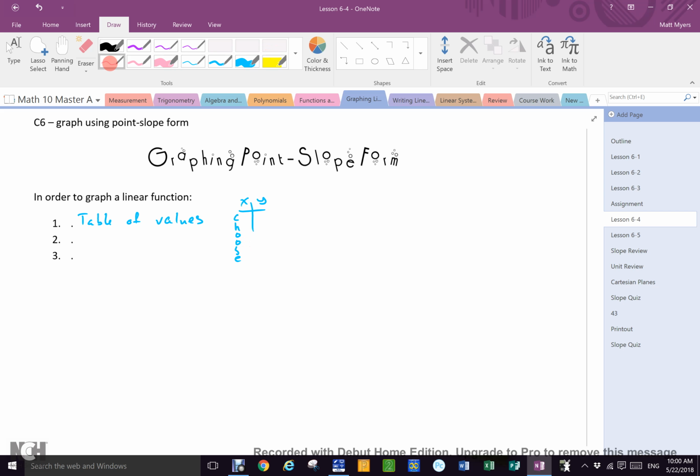What's a second way you could do it? It's the very first thing we did in this unit. We found 2 things. What did we find?